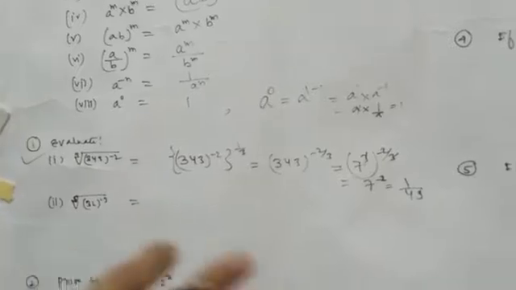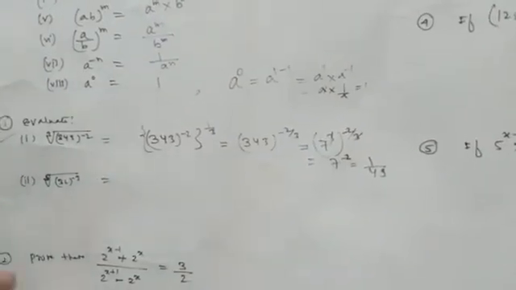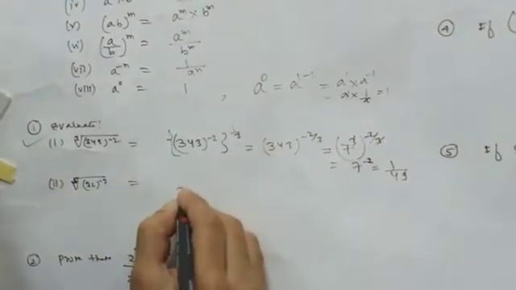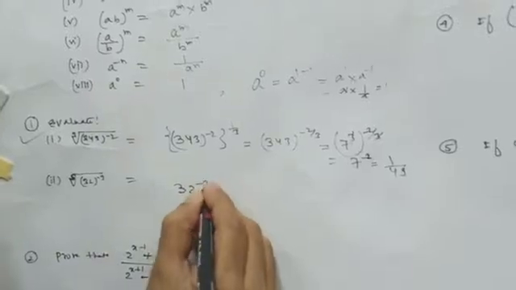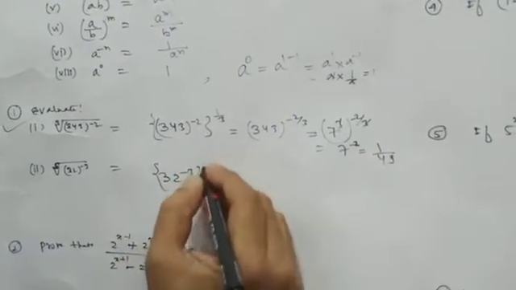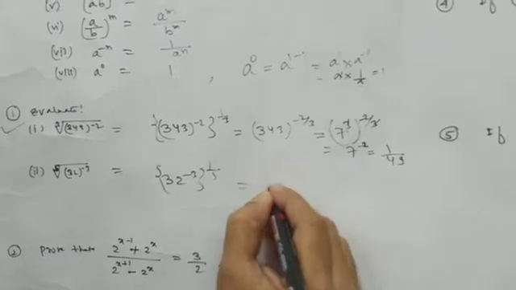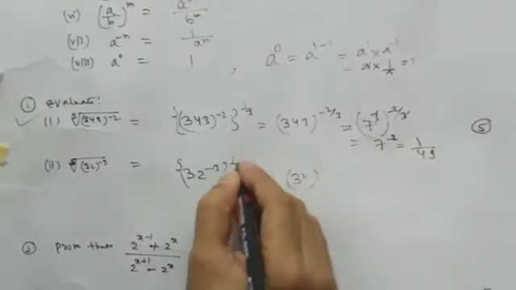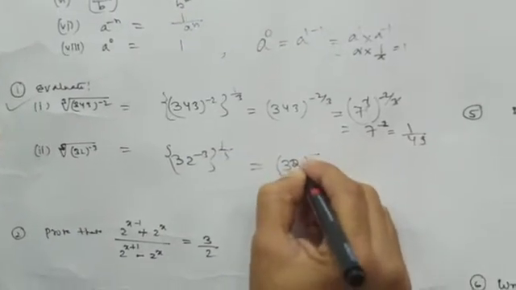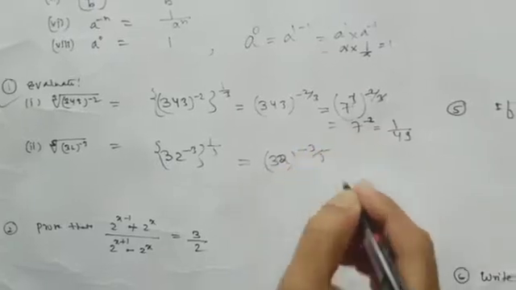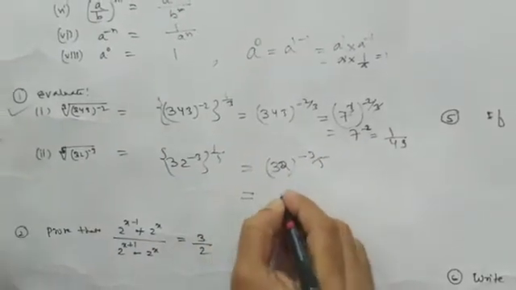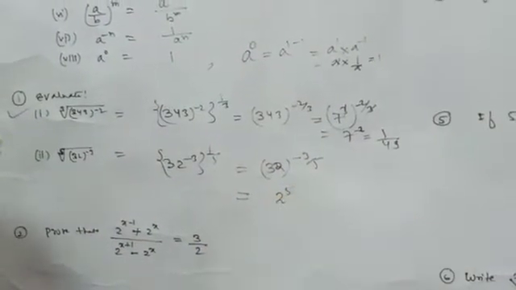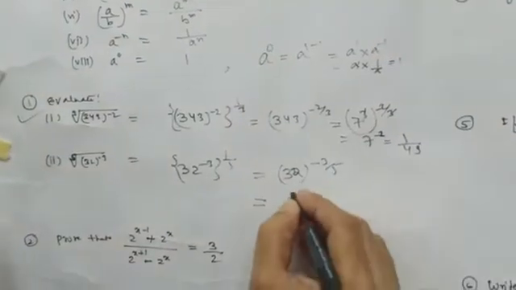Okay, now look at the second question. Again it is the fifth root. The 32 to power minus 3, outside it becomes 1 by 5. 32, but again you multiply, minus 3 by 5. 32 is nothing but you can write as 2 raised to power 5 in this way.